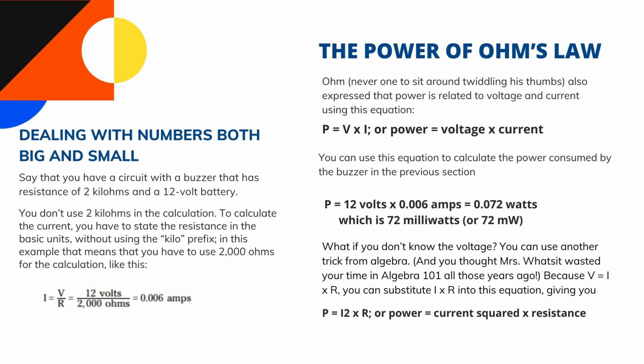Now, what if you don't know the voltage? You can use another trick from algebra, because voltage is equivalent to current multiplied by resistance, you can substitute current multiplied by resistance into this equation, giving you power equals current squared times resistance.